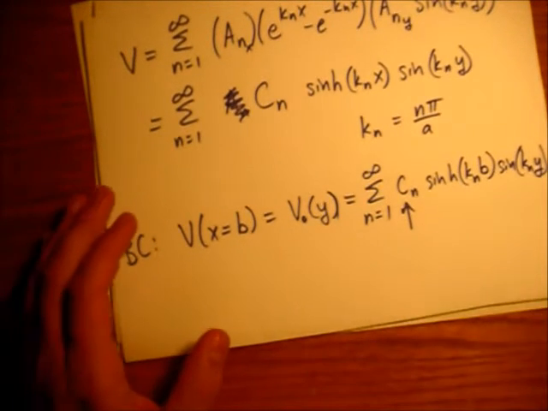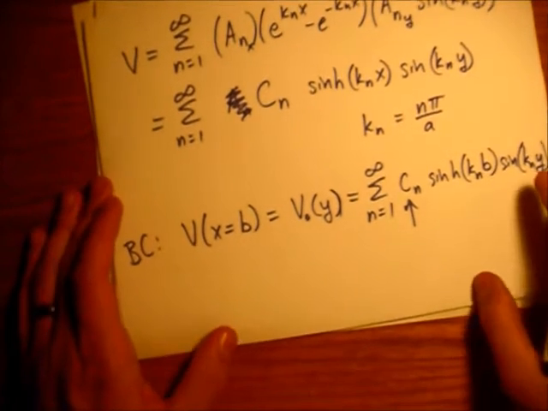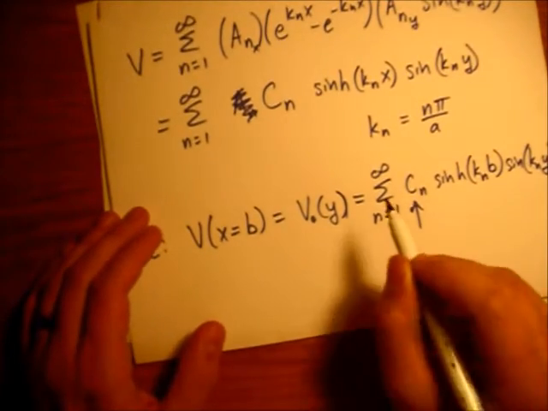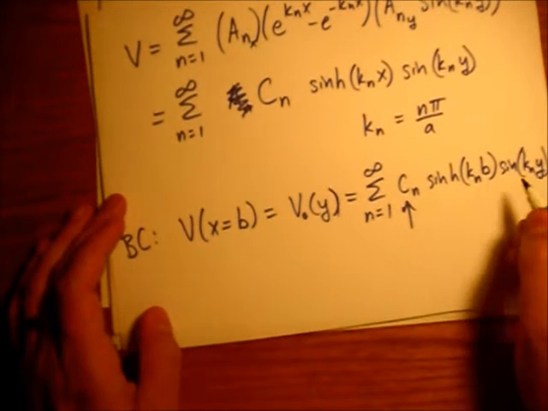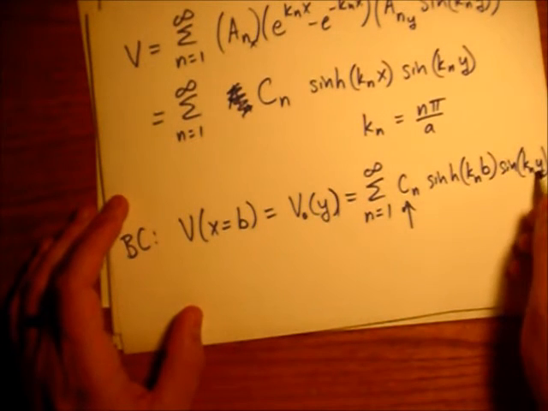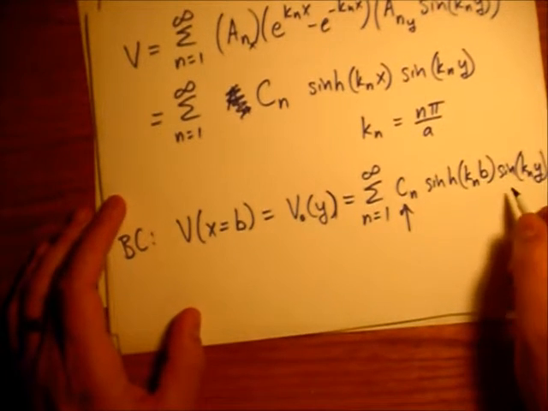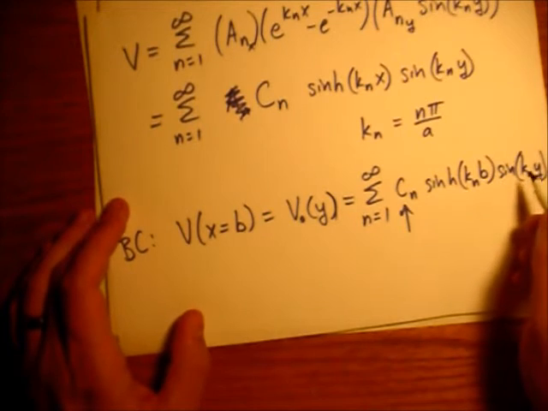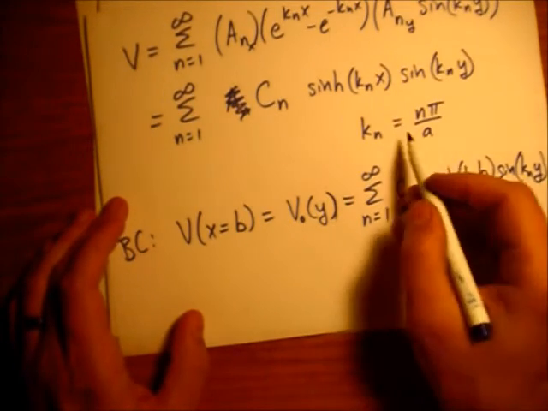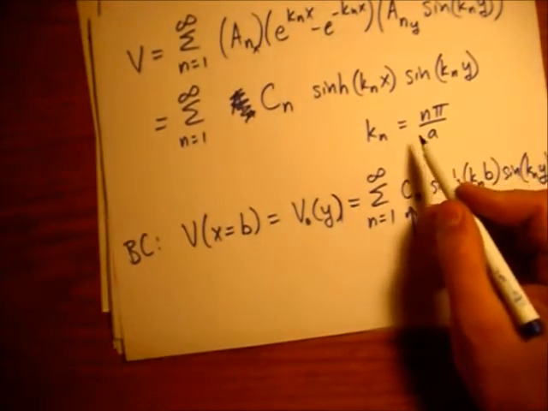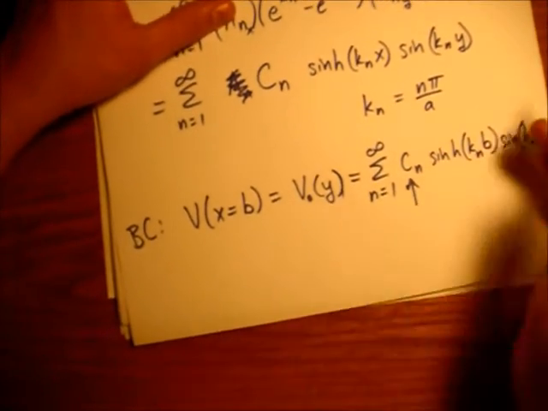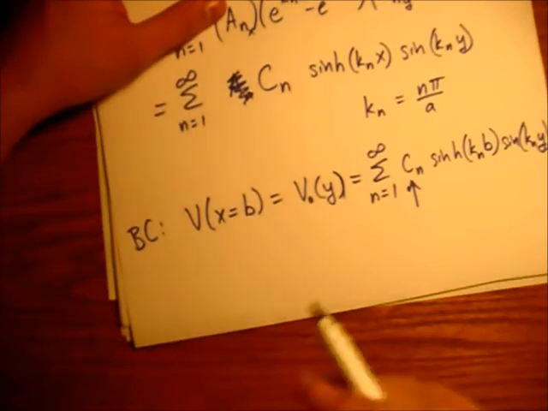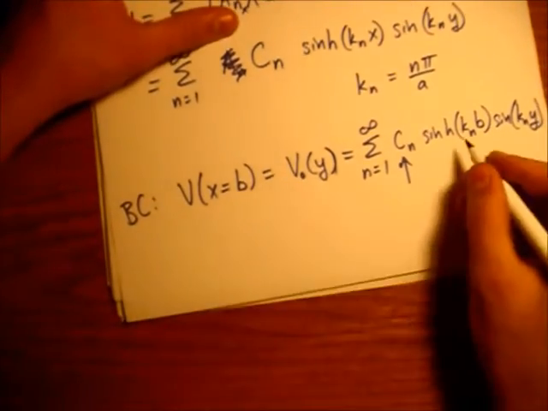So what we're going to do is Fourier's trick, where we multiply both sides by a sine of a different k sub n, which we're just going to call m, even though we had that whole confusion with m in the past.